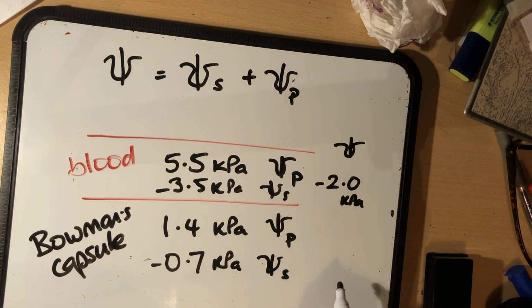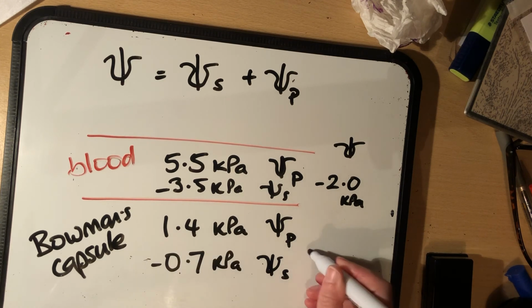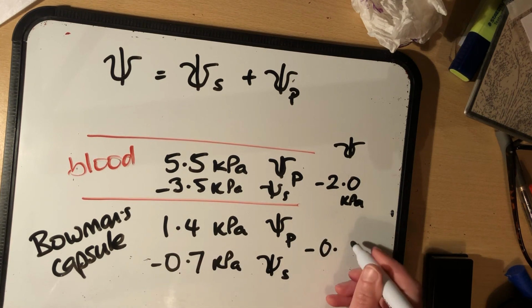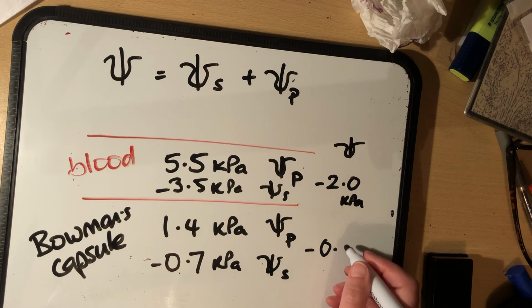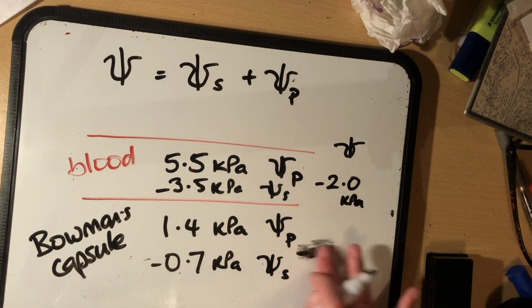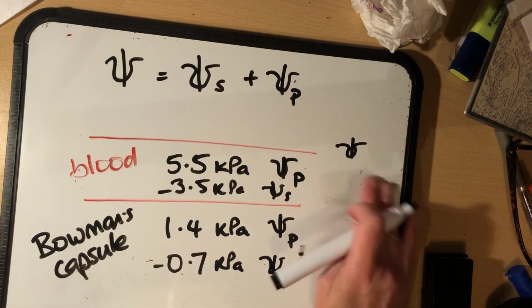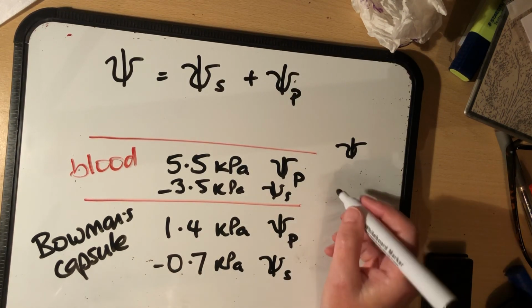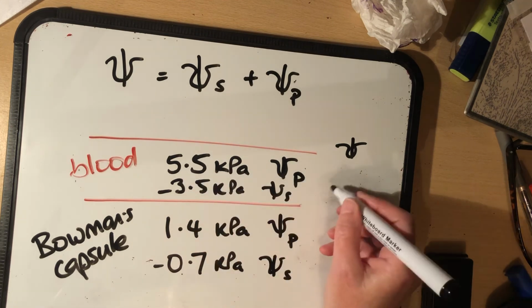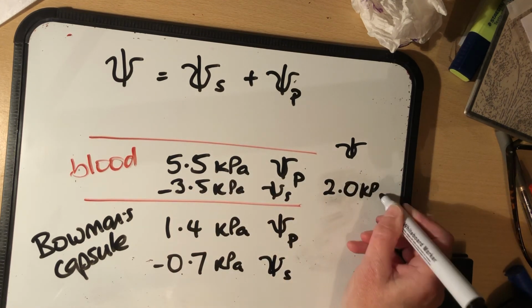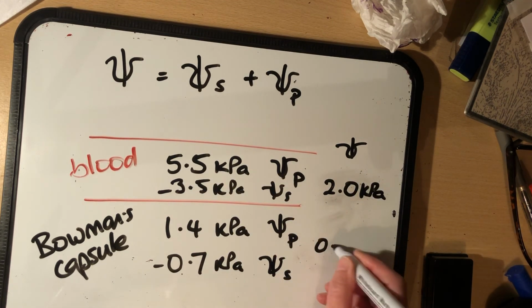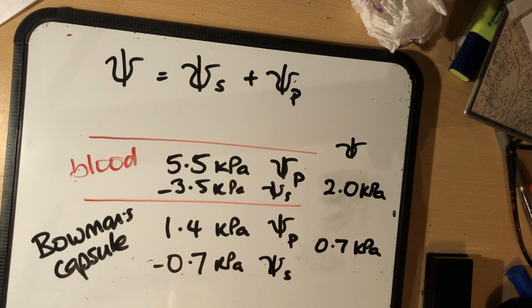The glomerular filtrate, the filtrate that's got out of the glomerulus into the Bowman's capsule, well, if we add that to that, it's minus 0.7. Actually, I've done this all wrong. I don't know what I'm like. My maths isn't working too well at this time of the night. So that's not minus 2. It's actually positive 2 kilopascals. This is 0.7 kilopascals.